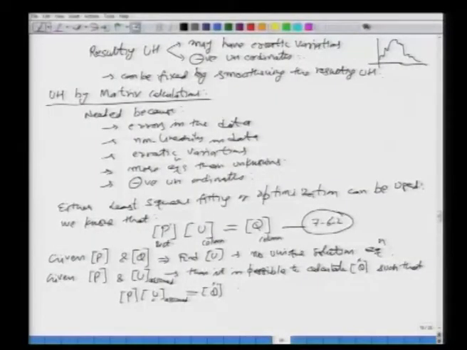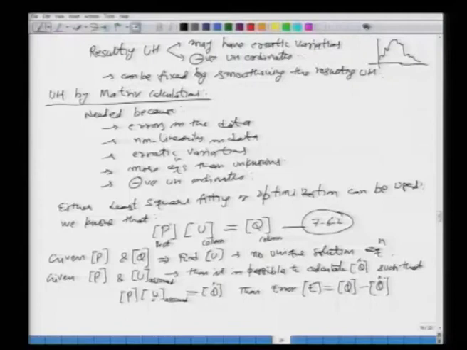So, initially we start with some assumed value of U, calculate the computed value of Q, calculate the error by finding the difference, and then we try to minimize that error. So, it becomes an optimization problem. Then we define the error matrix E as your true values of Q minus the computed values of Q. This is your error matrix.